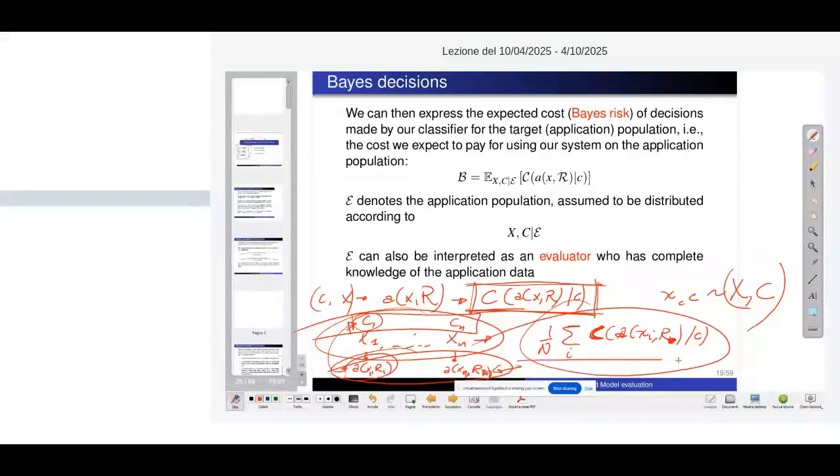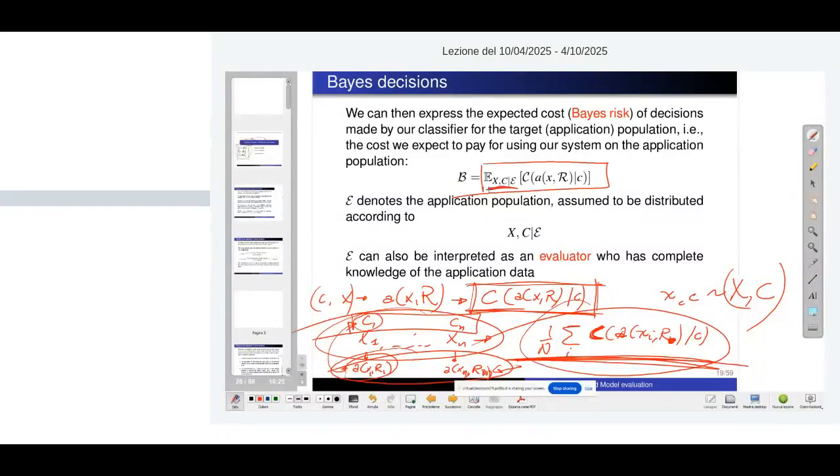How? Here we were taking an average over the application data. In terms of probability, we are computing the expected cost, not the expected error, the expected cost of using our classifier on samples that are drawn from the application population.